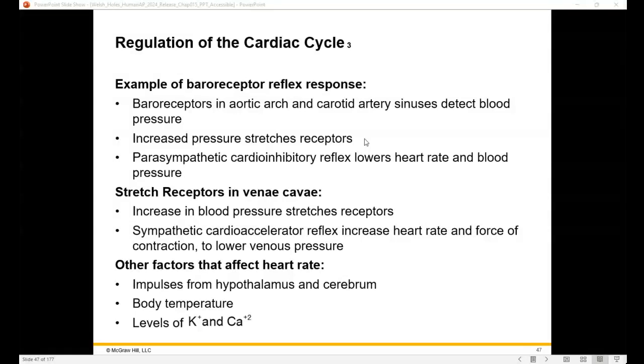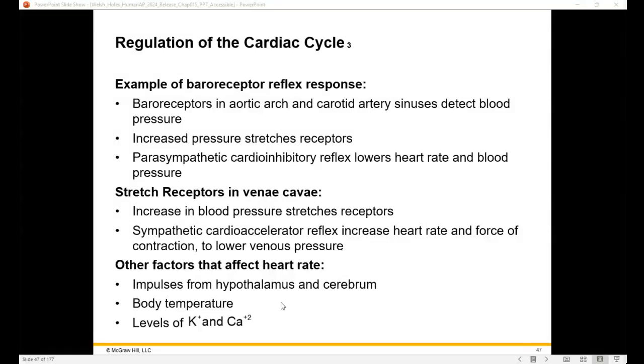The increased pressure stretches the receptors, and the parasympathetic cardio-inhibitory reflex lowers the heart rate and blood pressure. An increase in blood pressure also stretches the receptors in the vena cava, and the sympathetic cardio-acceleratory reflex increases the heart rate and force of the contraction to lower the venous pressure.